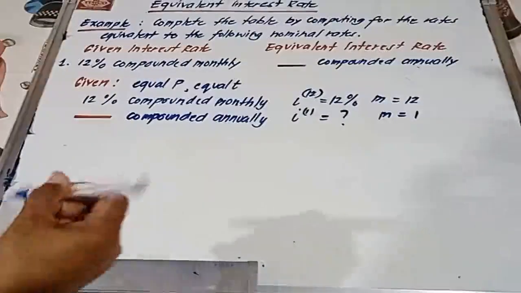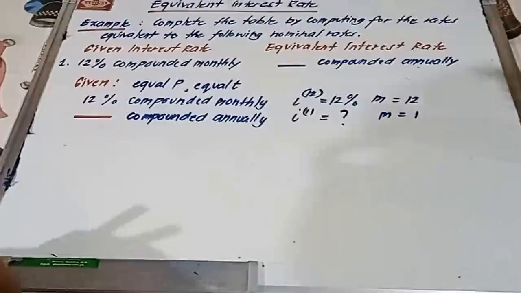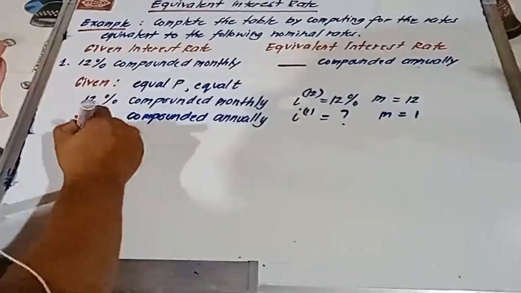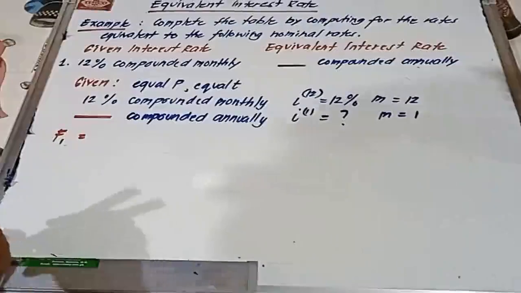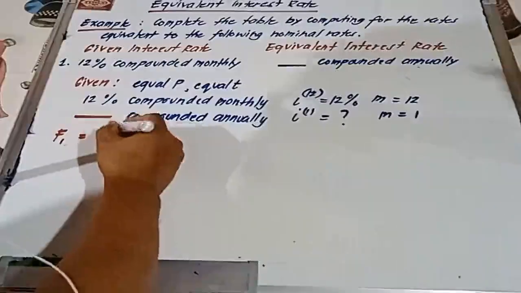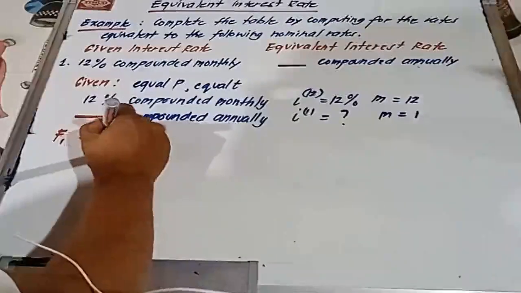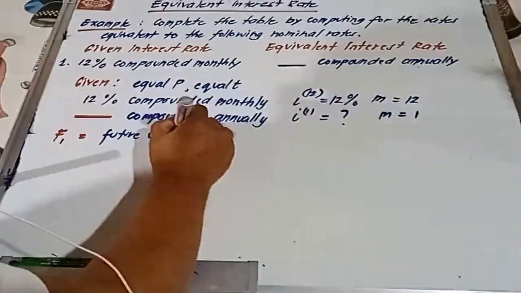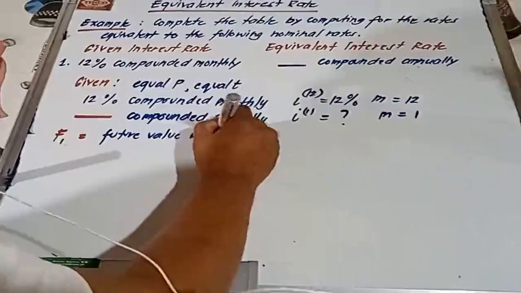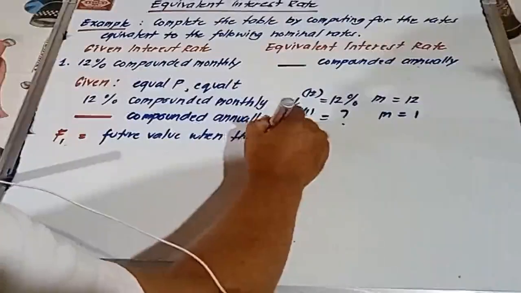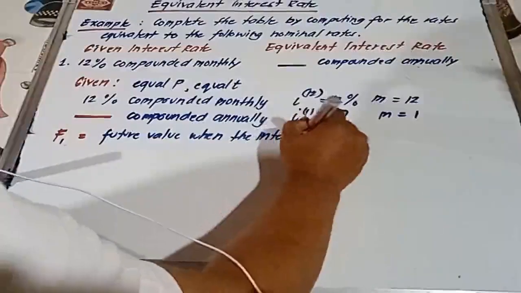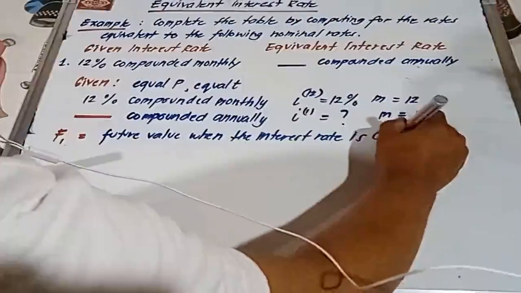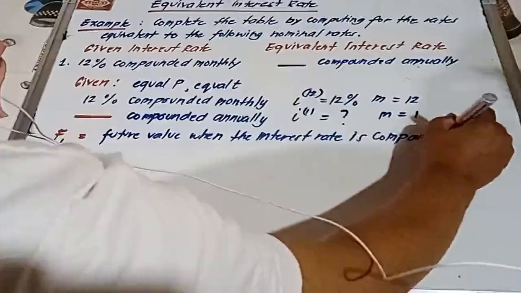Sabihin natin si F1, ito yung ating future value when the interest rate is compounded annually.